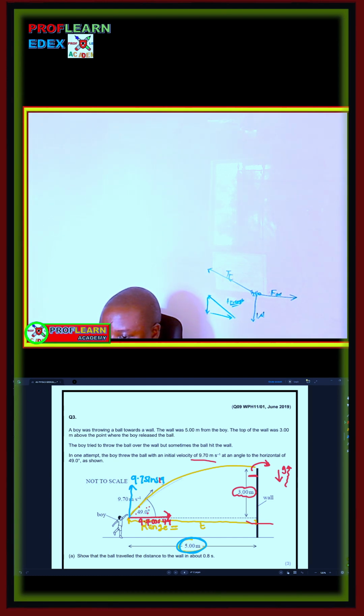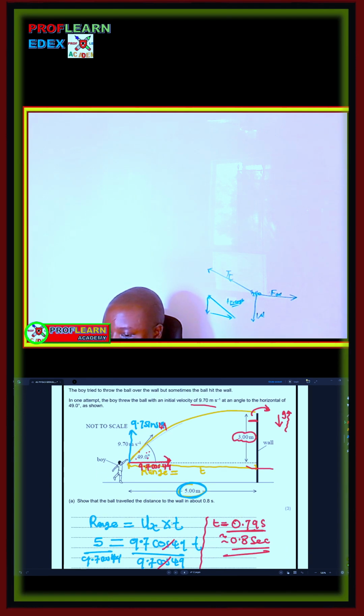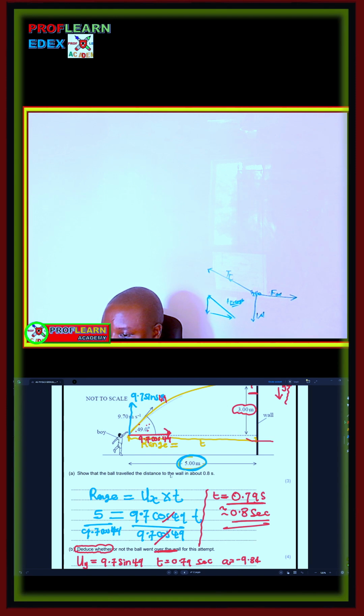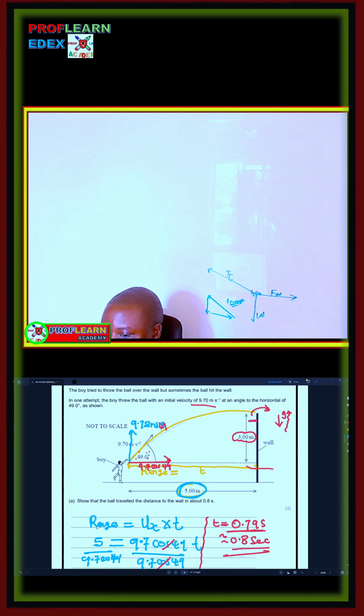and the horizontal component is 9.7 cos 49. This is 9.7 sin 49 for the vertical component, and the horizontal component is that. Now show that the ball travelled a time of about 0.8 seconds. Meaning we are going to use the horizontal component and the time given in order to work out the range.